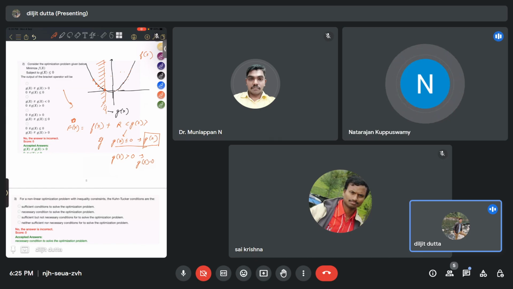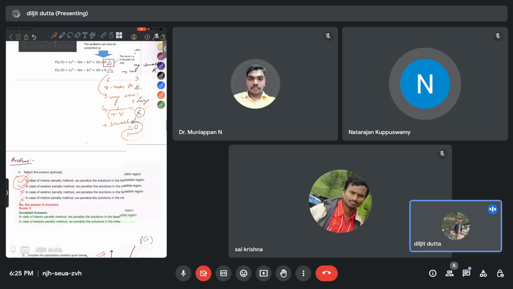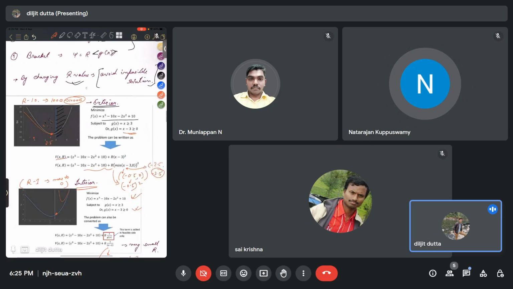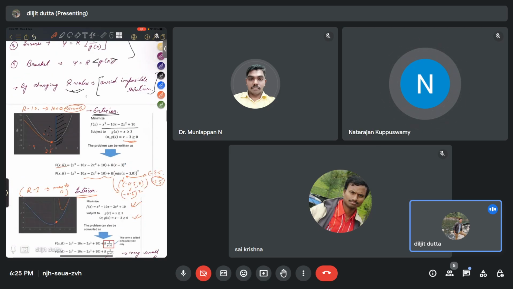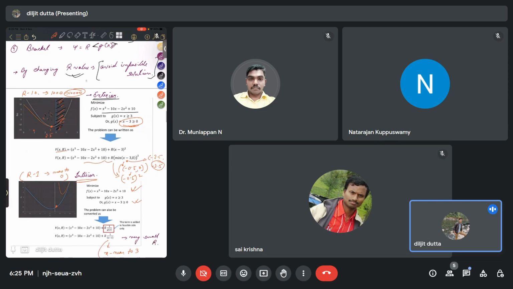Okay, can you repeat once? Yeah. In the example that we saw, g of x, that is x minus 3 greater than or equal to 0, we were obtaining solutions in this region. So we wrote the bracket function as minimum of x minus 3 comma 0.